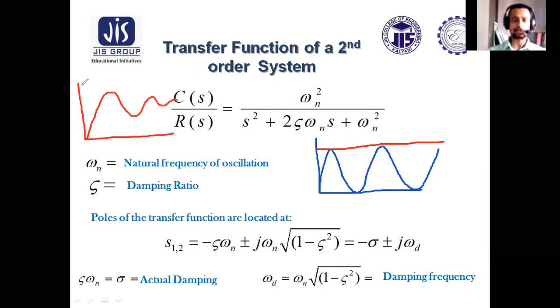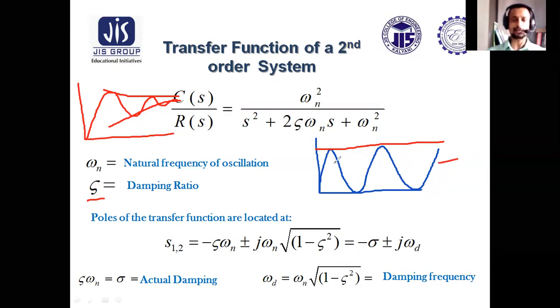See here, the oscillation is damping, the oscillation is decaying with the increase in time. So this kind of oscillation could be obtained due to the damping ratio. If the damping ratio is not there, if the system has no damping, then the system will have a sustained oscillation.